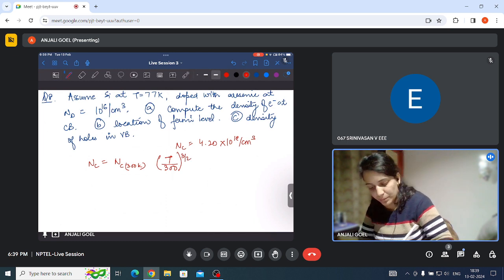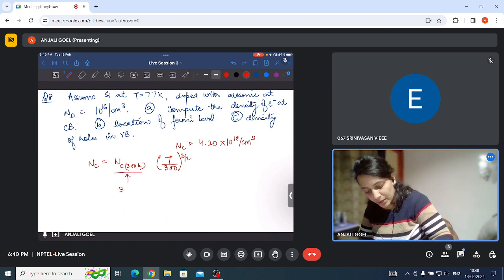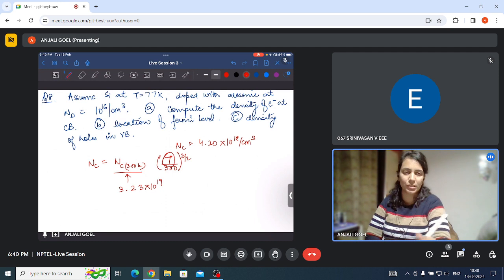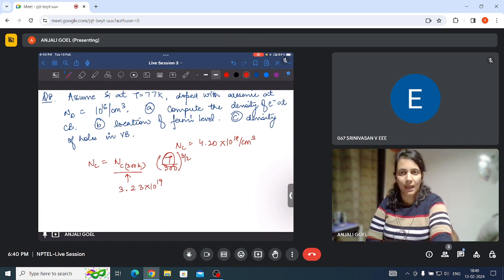So when you know the previous value, that is 3.23 into 10 raised to power 19, you can vary the temperature and you can get different values of NC. I was audible, I guess. Yeah. Okay.